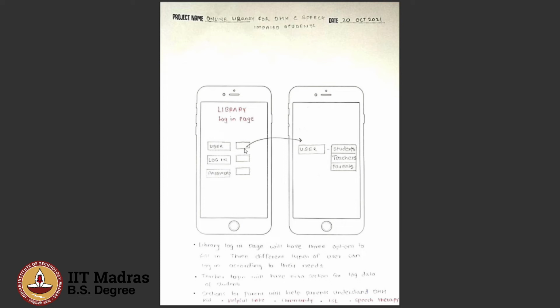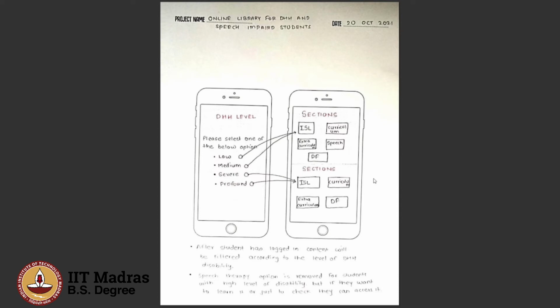And when the user clicks on a particular link or button, the next screen which appears is shown. So for example, a user can be a student, teacher, or a parent. The appropriate user can click on the particular button, and then it proceeds to show the options for different screens.